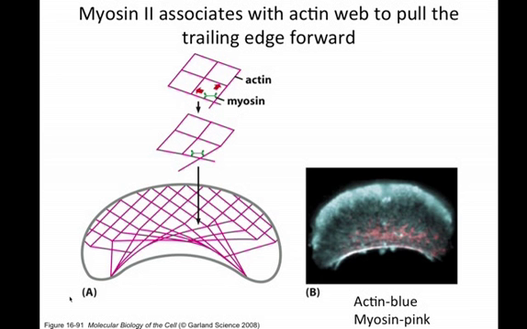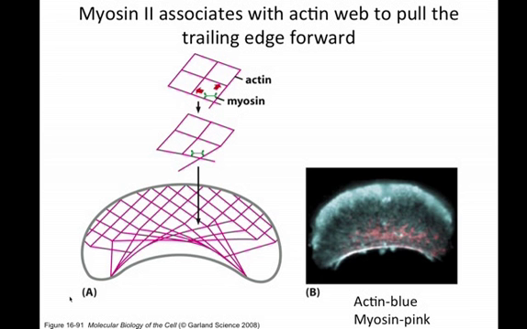So myosin 2 is going to associate with your actin to pull the trailing edge forward. So you've got your leading edge here. So there's your actin, and then you've got your cofilin and your Arp, and you're nucleating, you're pushing your membrane forward.